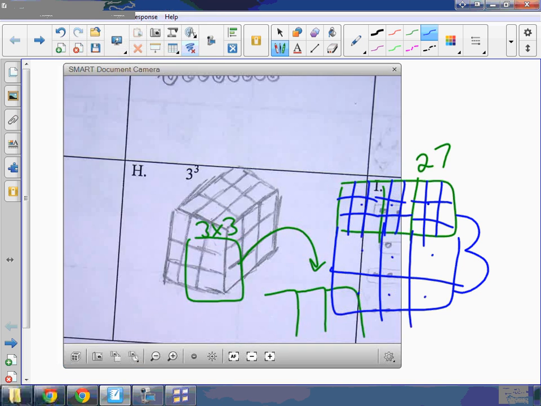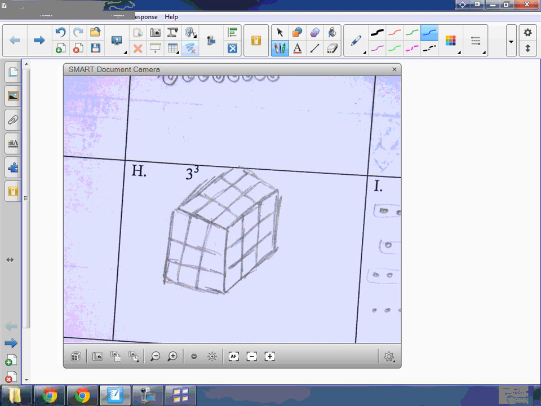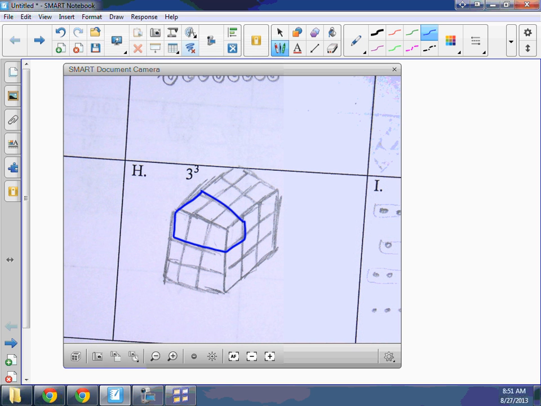Here's another way. Do you see 3 to the third in this picture? My original 3, and I square it, which means I add those. And then what do I do to those 9 boxes? Triple it again.